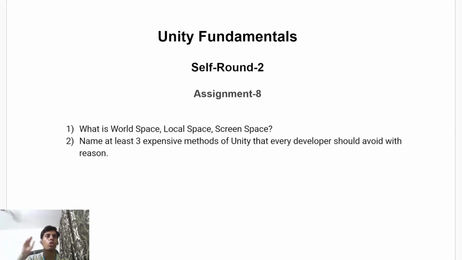So what we could do is use object pooling instead of that. We could reuse the game objects again and again. That would help us optimize the performance of the game. That's all. Thank you.